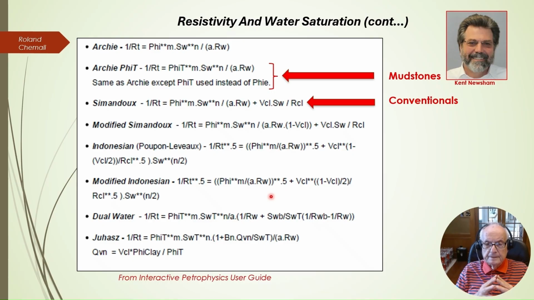In it, he describes a workflow for interpreting mudstones or unconventionals. For resistivity, he uses Archie with total porosity, which means he assumes there is a single water resistivity in the formation. I have applied his technique many times, and it works very well.